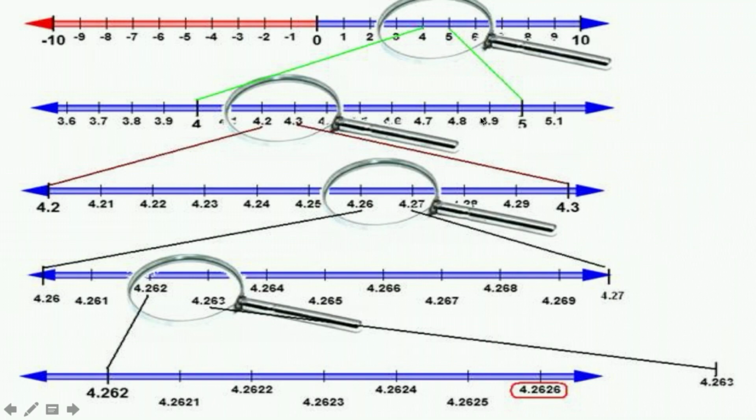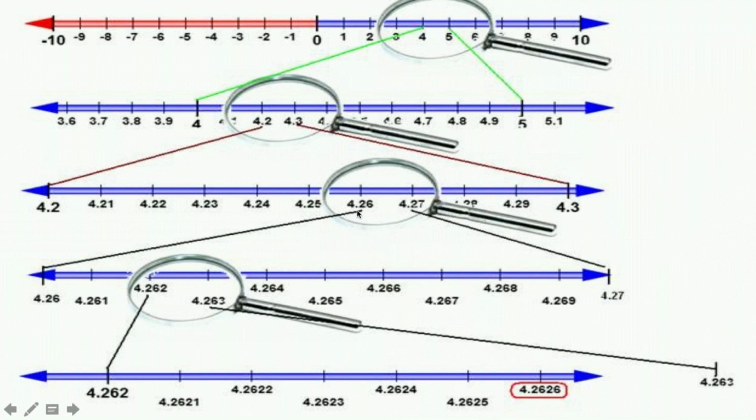Now the number was 4.26. So it will lie somewhere between 4.2 and 4.3. Now again I will zoom in this part and divide it into 10 parts 4.21, 4.22, 4.23, 4.24, 4.25, 4.26, 4.27, 4.28, 4.29 and 4.3.